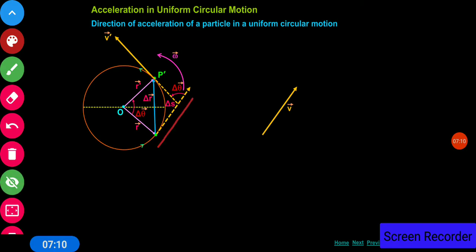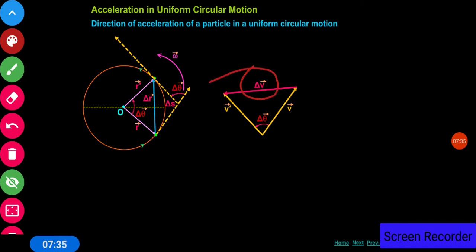So here we have shifted this vector to this place. Similarly, the second vector v dash is shifted here. The angle will remain the same, that is del theta. This will give you the change in velocity. Look again.